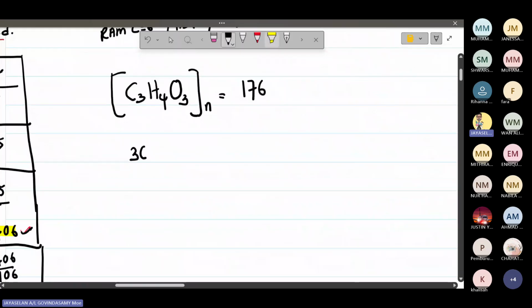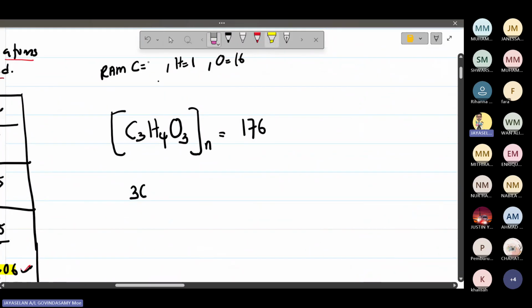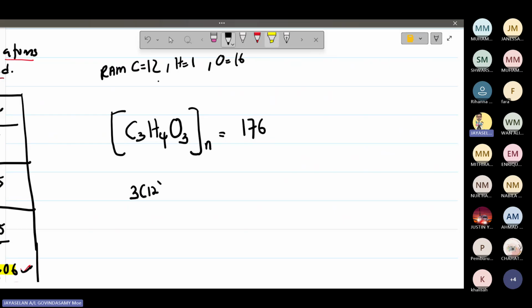3 times, what is the RAM of carbon? Sorry, RAM of carbon, no, not 6, it is 12. Okay, 12, plus 4 times RAM of hydrogen 1, plus 3 times RAM of oxygen 16. Open bracket, close bracket, you put n equals 176. Any question?